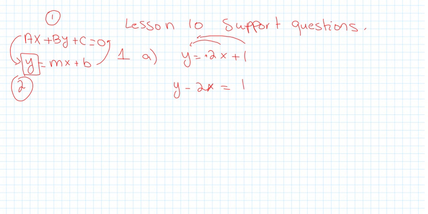What else do I have to move to the other side? That 1. And when I move it to the other side, it becomes negative 1. I could have moved them both at the same time. Now, does this look like this to you? It's just a different order, but it still looks the same, right?